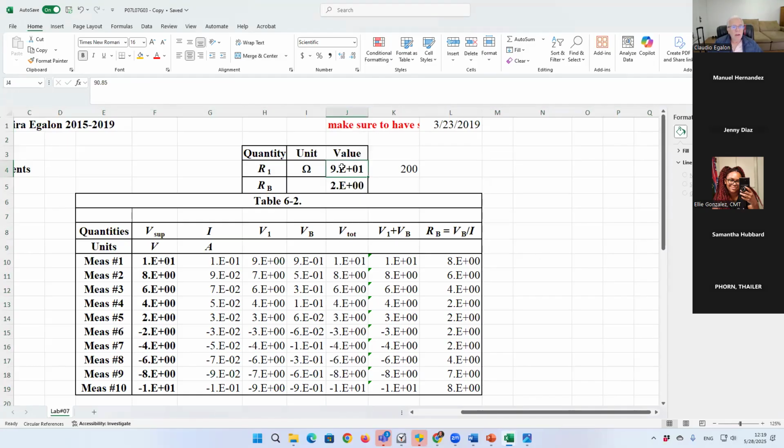You click in this cell, and then you read the number there at the top. Okay, you can tell me later on.